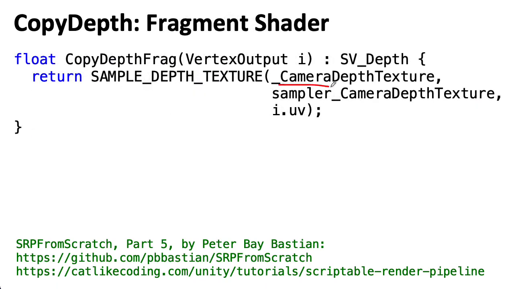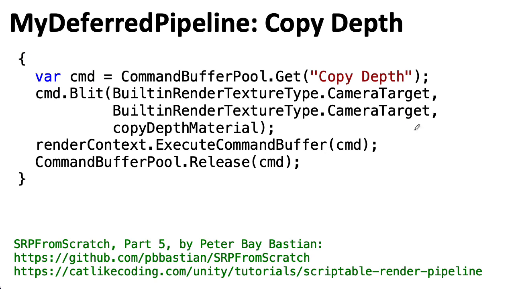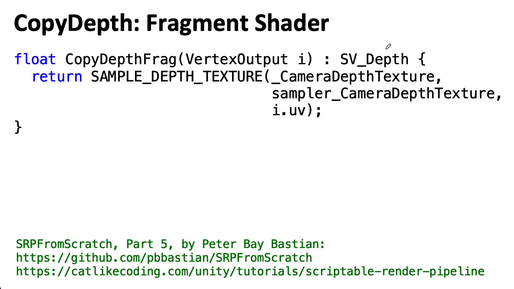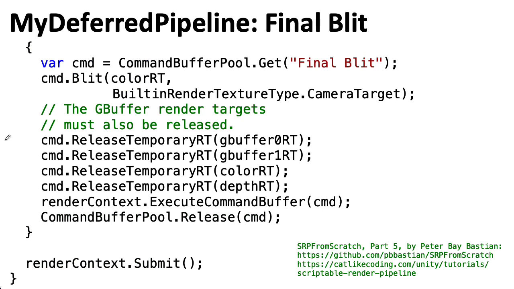Instead, the source of our information is the camera depth texture. How does Unity know that we want to write to the depth texture here and not the color texture? It knows that because we use the svDepth semantic as our return variable in our fragment shader for our CopyDepth shader.